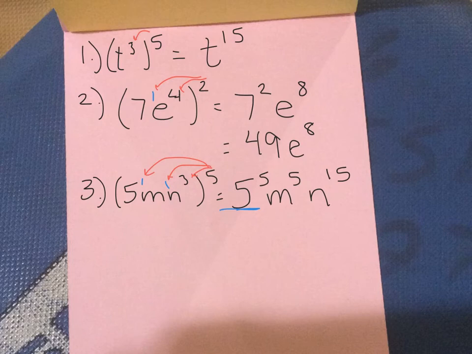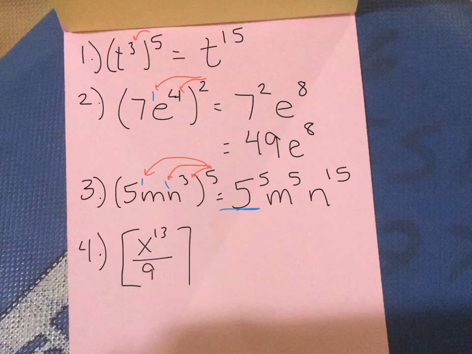Last one we're going to look at, number 4. Ooh, this is a challenging one. Let's say we have x to the 13 over x to the 9, all to the 4th. We've got parentheses, so I'm going to do what's in here first. Oops, that's not what it's supposed to be.